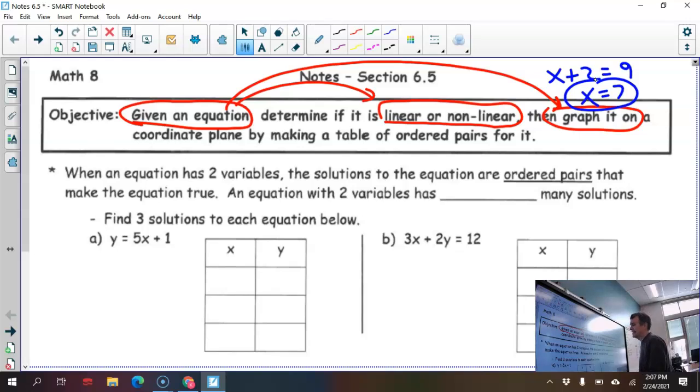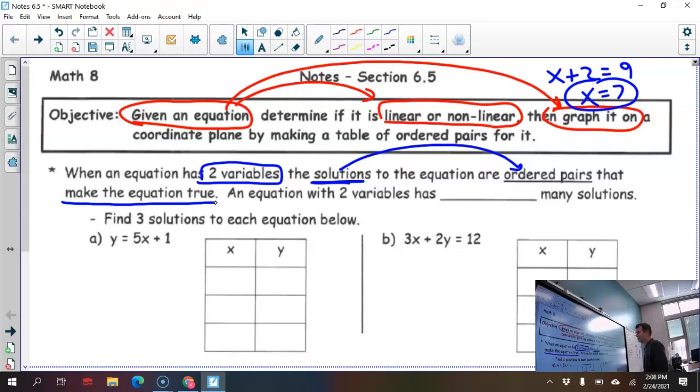But that's an equation that has just one variable in it. We are now dealing in Chapter 6 with equations that have two variables. So no longer do you get a solution that's just one variable. The solution is an ordered pair. When you have an equation that has two variables, the solutions to the equation are ordered pairs that make the equation true.